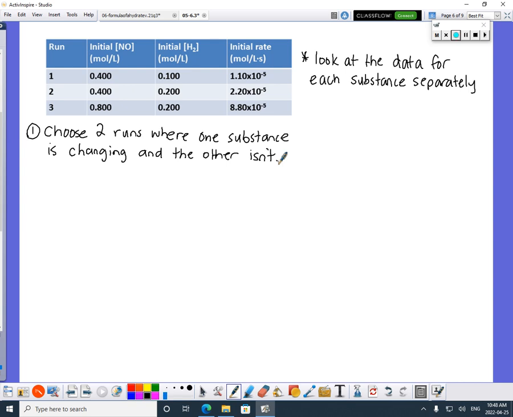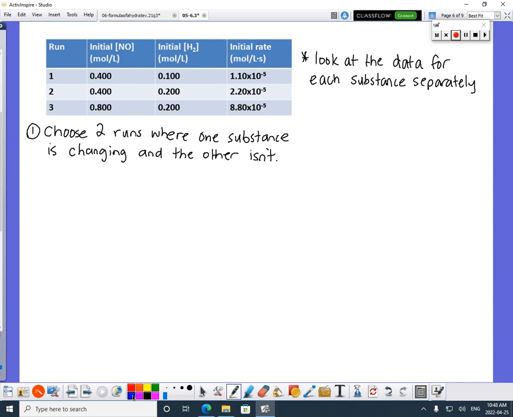So if we need to consider the data for each separately and find the exponents separately, that means both of the substances can't be changing, or we can't figure out which one is influencing the rate and which one isn't.